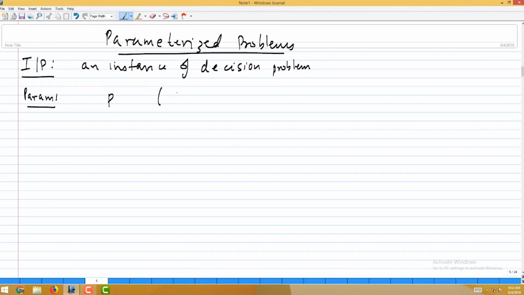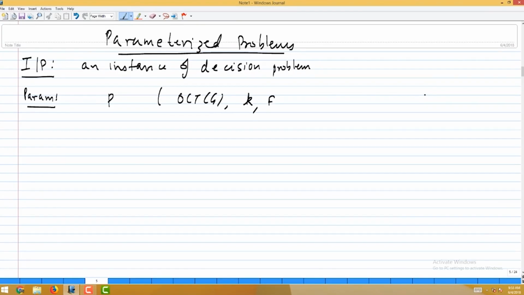For example, we saw two possible parameters. For vertex cover we saw a parameter which is the minimum size of a set of vertices whose deletion makes the graph bipartite, the OCT of the graph. We could also parameterize it by k, and you can think of any parameter that you want.